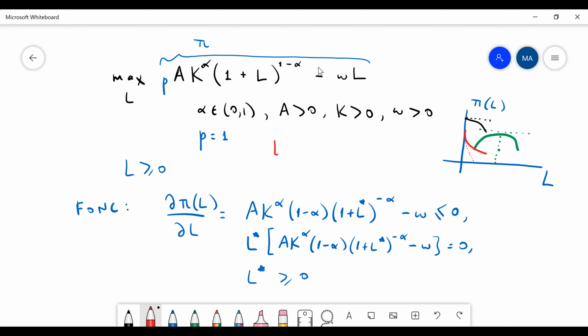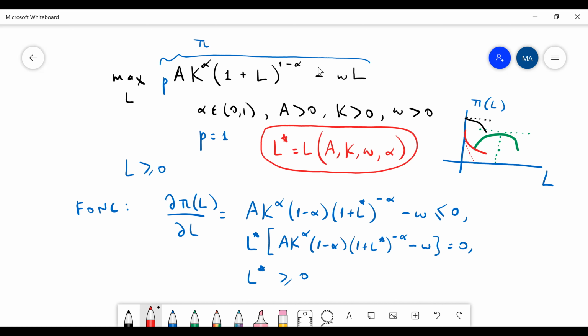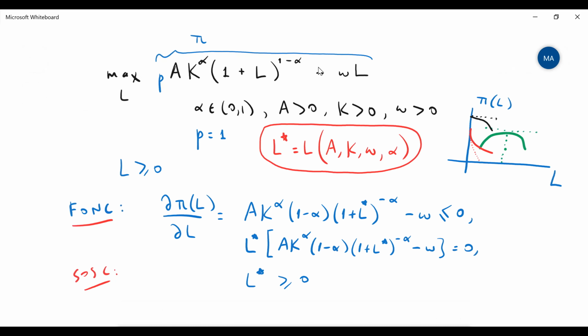You want to find L star as a function of the parameters and exogenous variables, so you want A here, K here, W here, and you can also write alpha explicitly. So what you want to do is find this function that satisfies the first order conditions, and also the second order sufficiency conditions, which we're going to check as well.